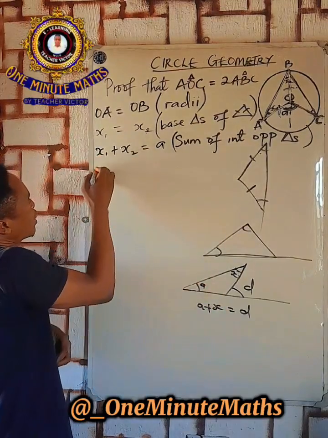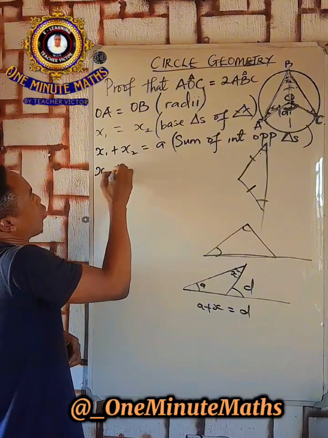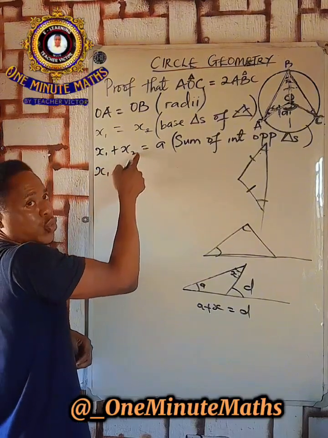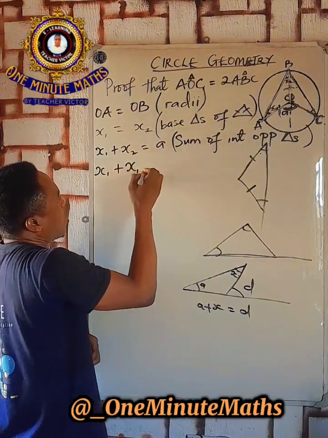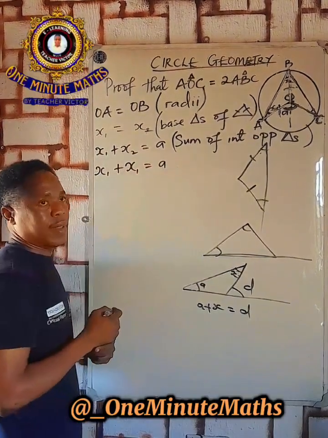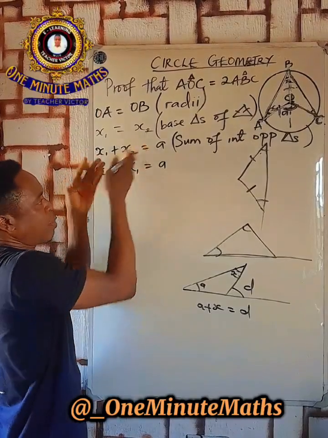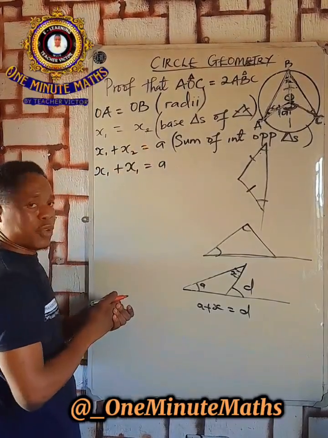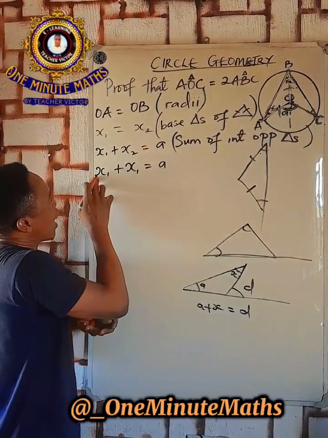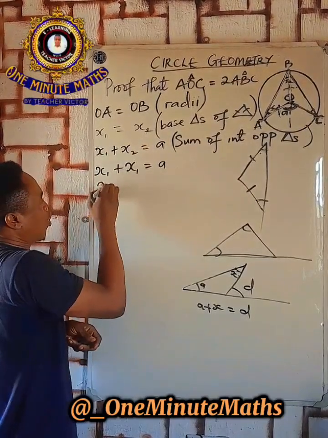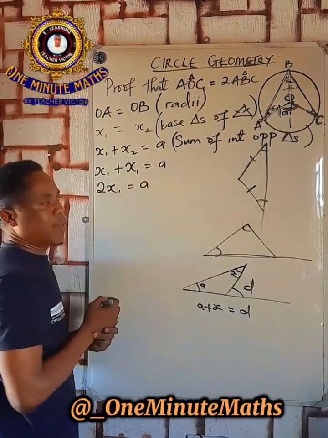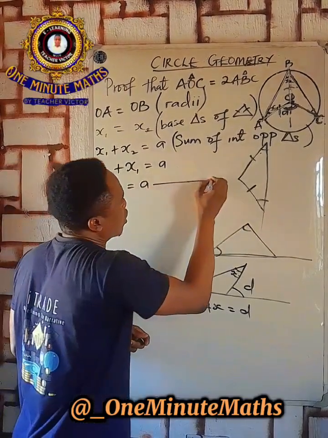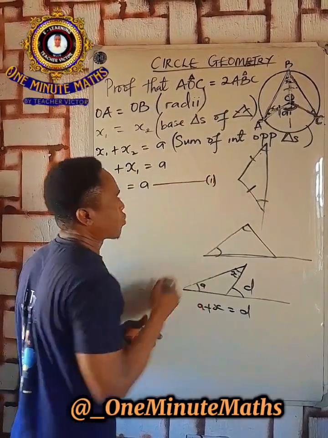So I can have x1 plus x1 equal to what? A. This statement is still the same as the previous one. Are we together? All right, so x1 plus x1 will give us 2x1 equal to A. And we call this equation 1.